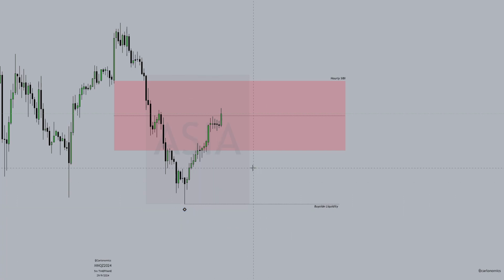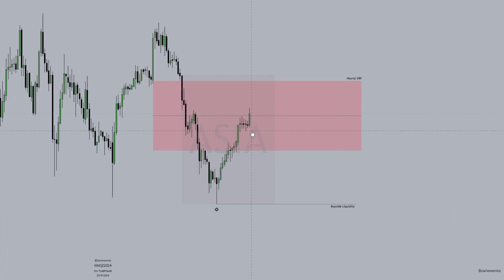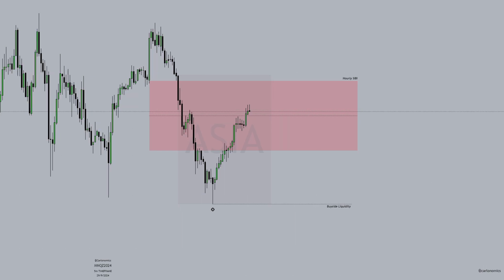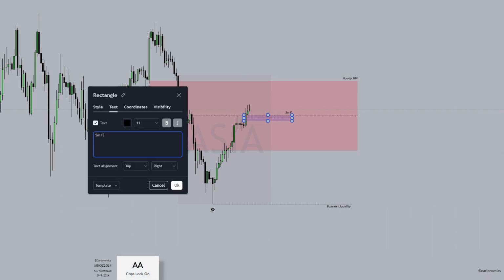You can either look for a 5-minute change state delivery or a 5-minute inversion. Here we have this 5-minute fair value gap, and we want to see if we can invert this fair value gap and then continue going lower.